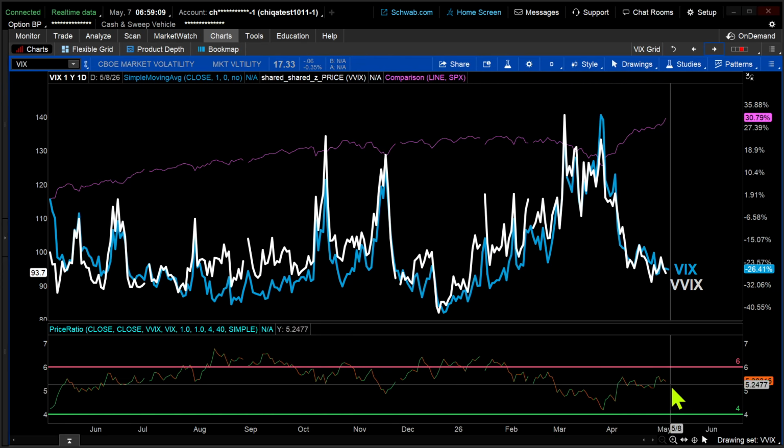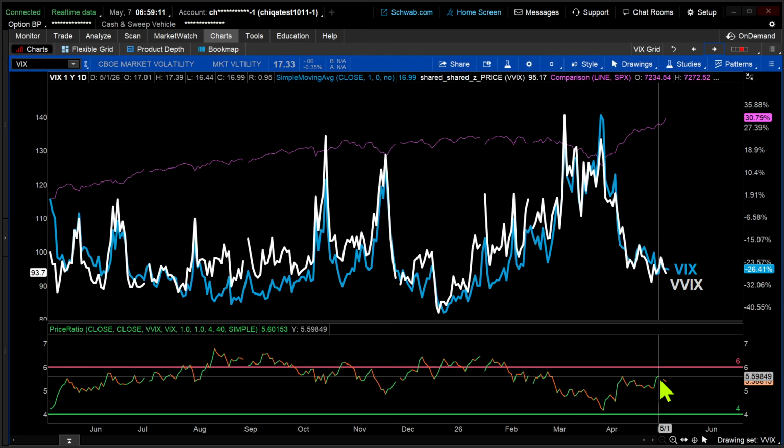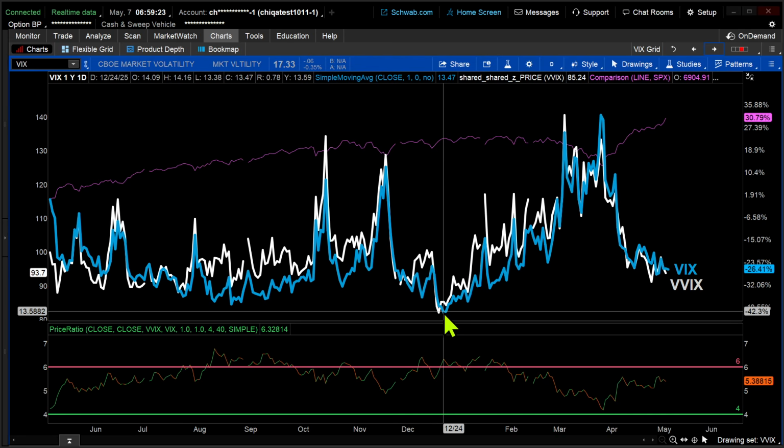Now, there is one other factor to consider here when looking at this relationship, and that is that if VVIX is starting to rise, but it's not getting to an extreme, and VIX is not dropping back to the levels that it was, say, for instance, back in December and January, there might be some aggressive call buying going on on the part of institutional investors to take advantage of this upward movement in the S&P 500.